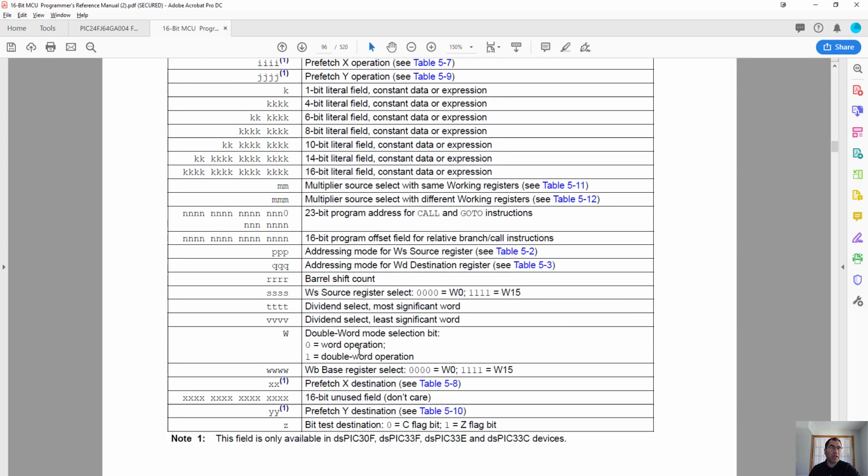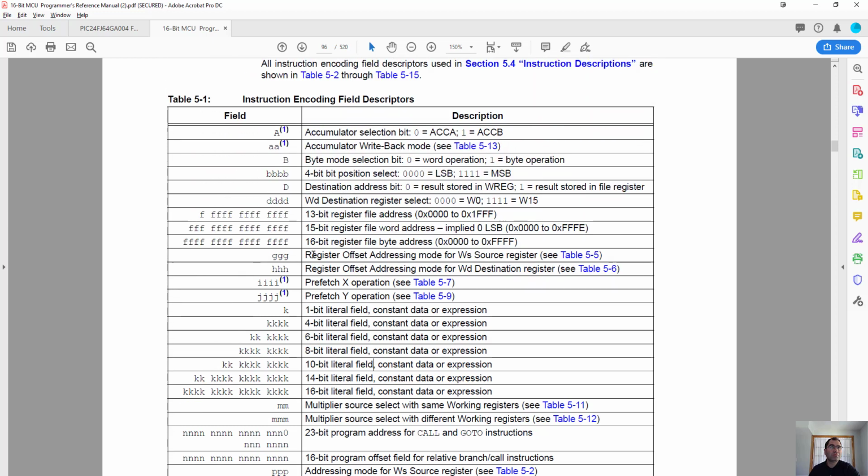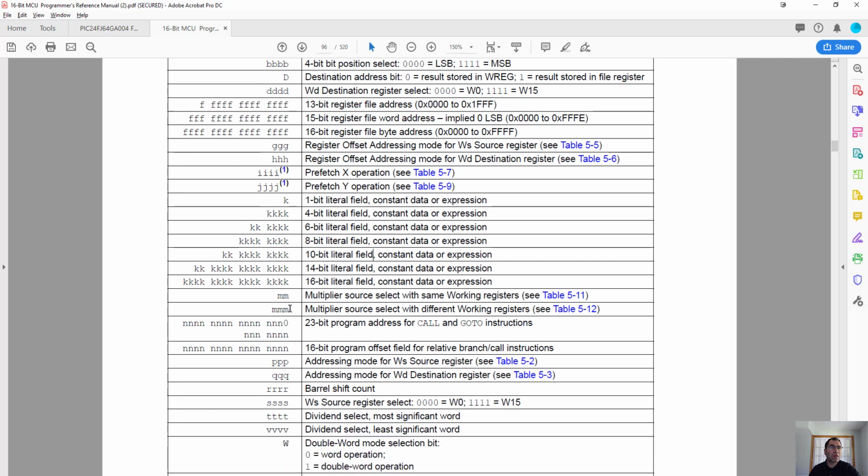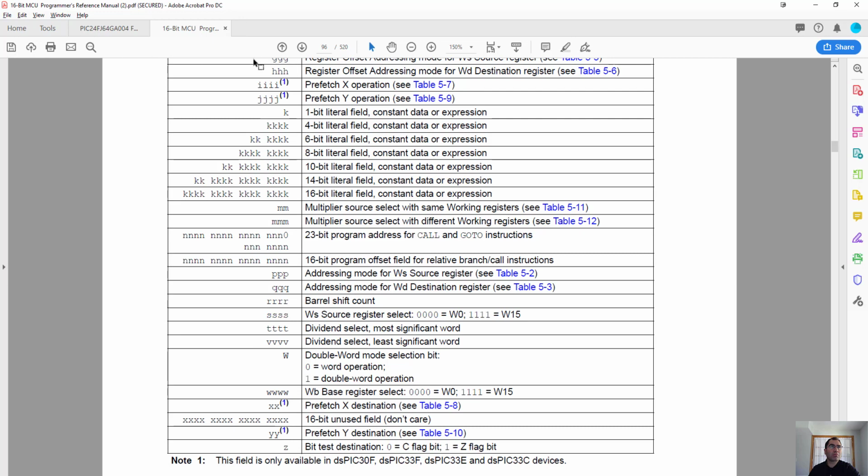Again, this is in the program reference manual. As you can see, a 10-bit K is a 10-bit literal, and then what was the one we were looking for? Let's see, I forgot. Then let's see, 104. Well, I'll go back, sorry.